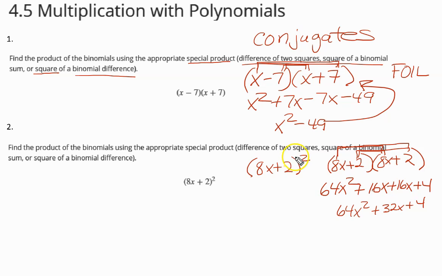Now, someone clever has developed a shortcut way of doing this, where you take your first term and square it, multiply these two terms together and double it, which is what this is, and then square this term.